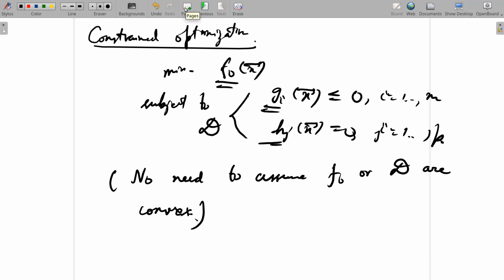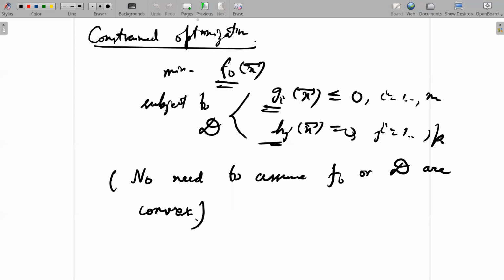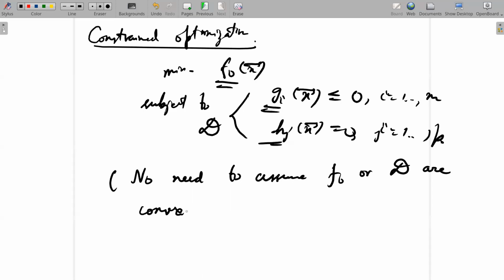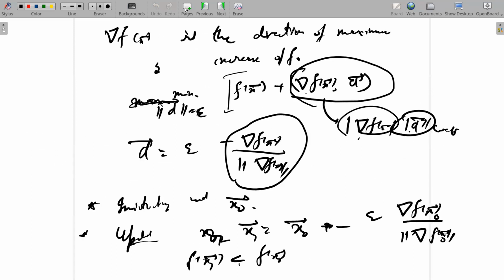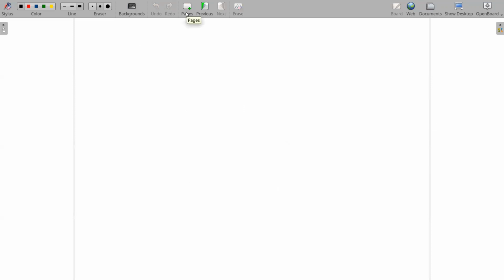And in fact, there are many problems, especially when f naught is smooth, where, like I said, you just want to look at the gradient and set it equal to 0.